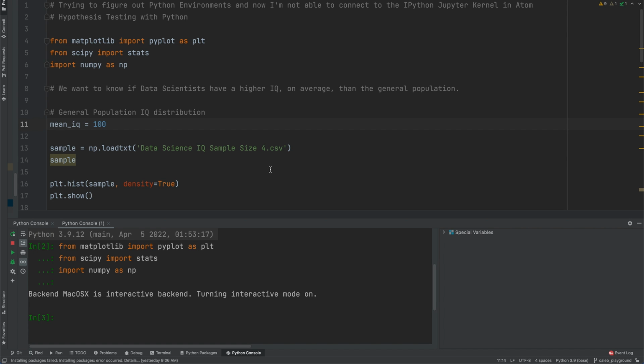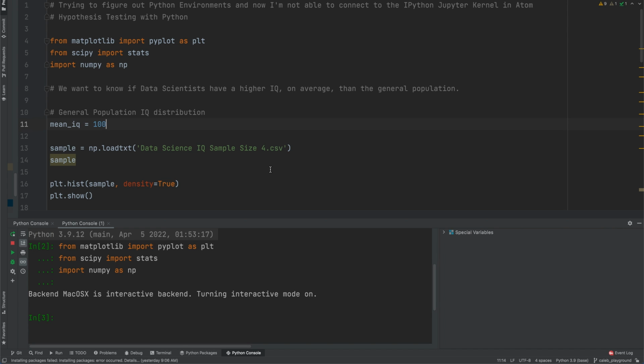A hypothesis test essentially breaks down into two hypotheses. In a one sample t-test, the null hypothesis is that the mean IQ of the general public is the same as the mean population IQ of data scientists.